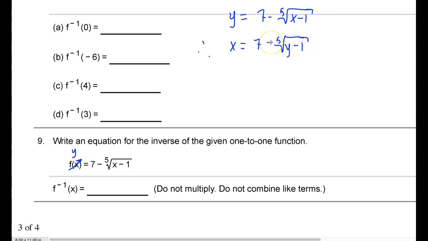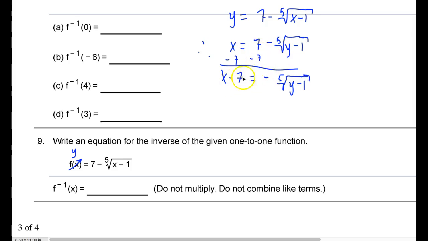And of course, our goal here is to solve for y now. So to do that, we would need to subtract 7 from both sides. We'll get x minus 7 equals a negative 5th root of y minus 1.